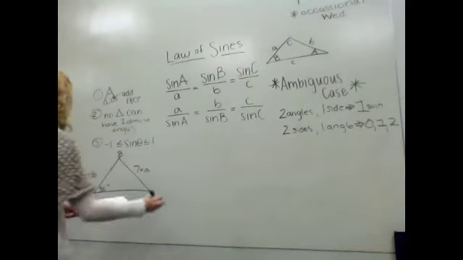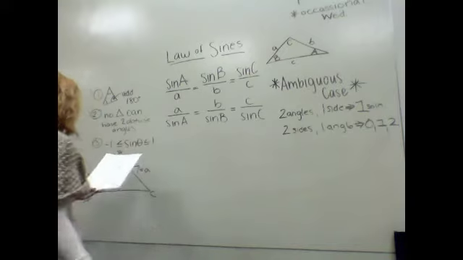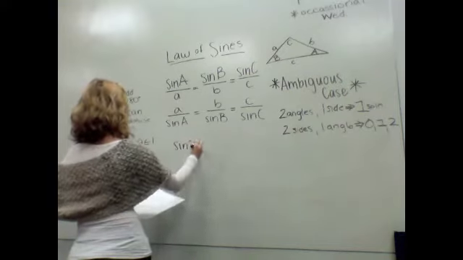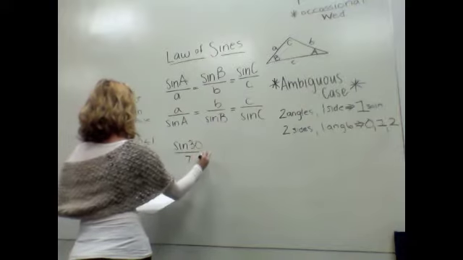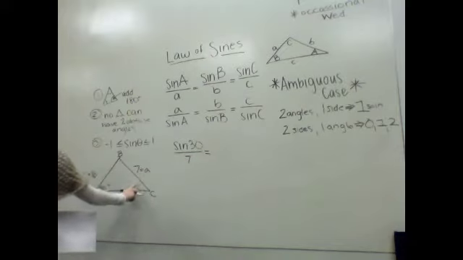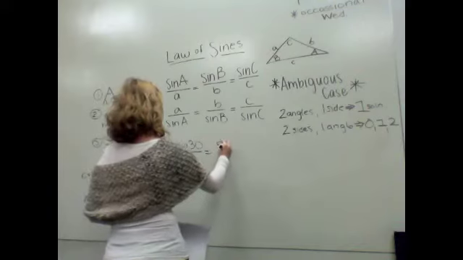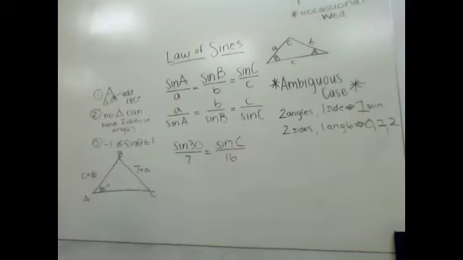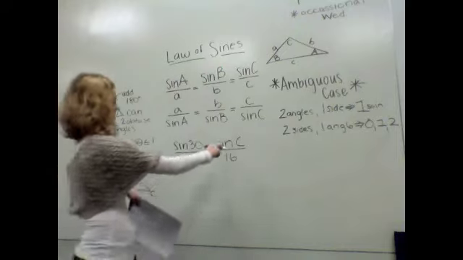So I'm using my ratios here. I like my ratio A. So I have sine of 30 all over 7 equals, I don't know my angle C, sine of C all over 16. Now, when I'm solving for an angle, I'm going to have to use sine inverse because I'm going to have to get inside that sine.